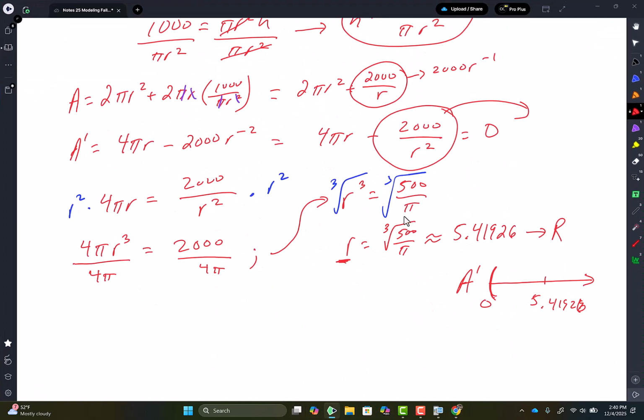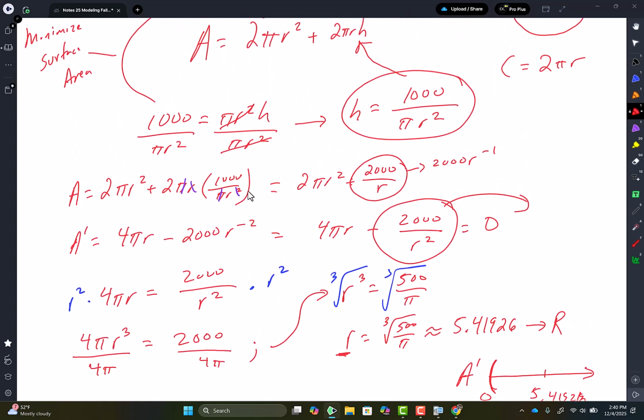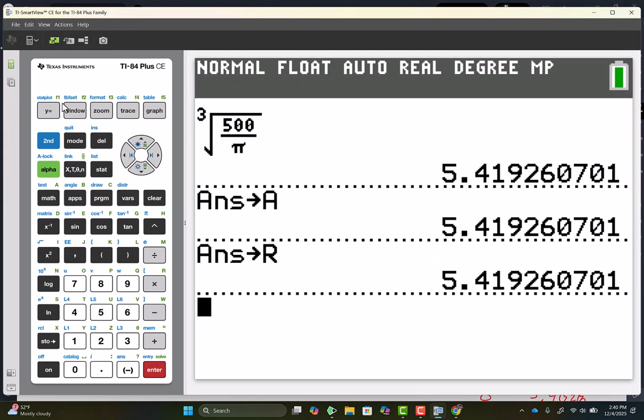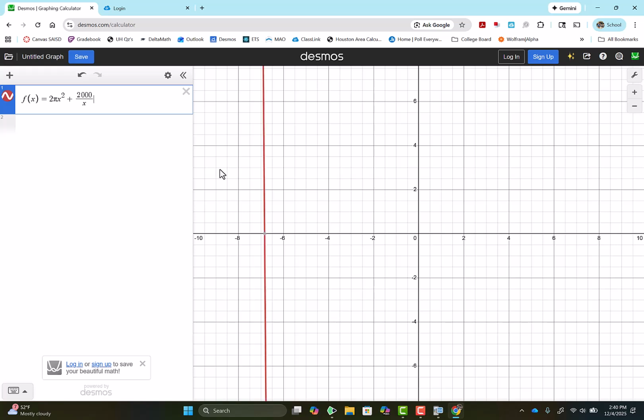But I want it in terms of x. So just give me this one right here, 2 pi times 2,000 over x. Like that. That's my original area formula.